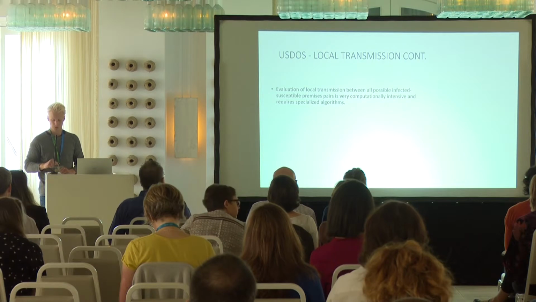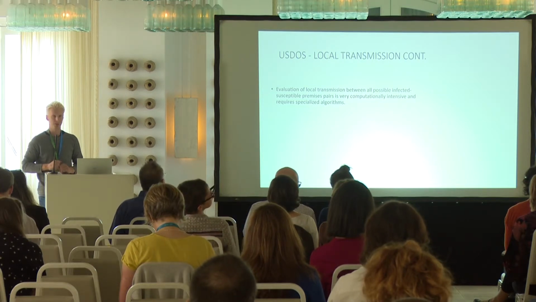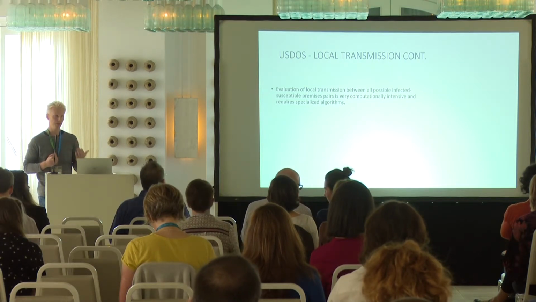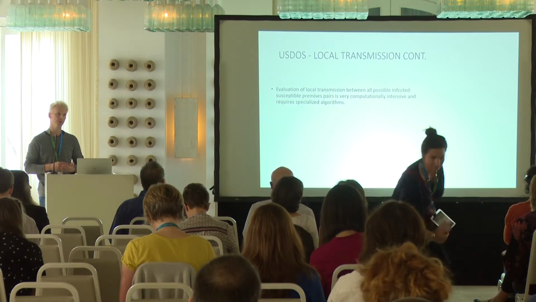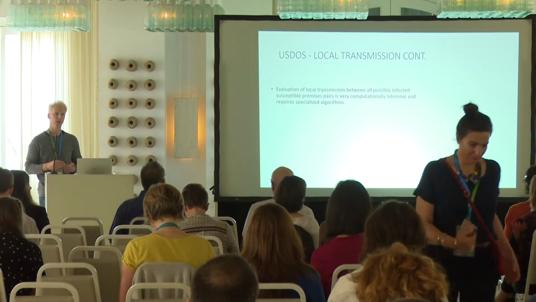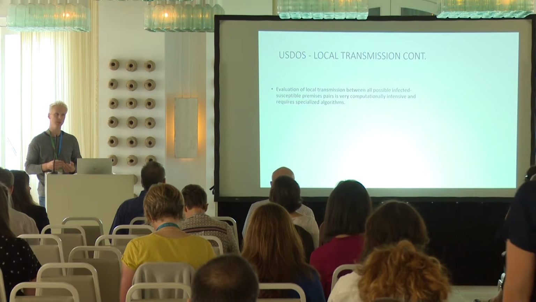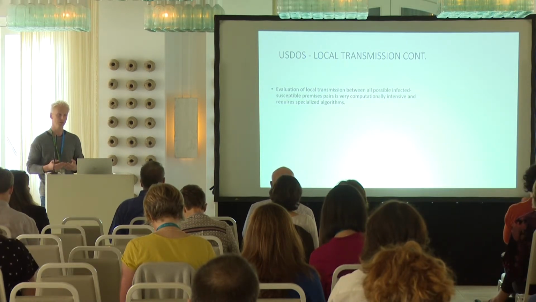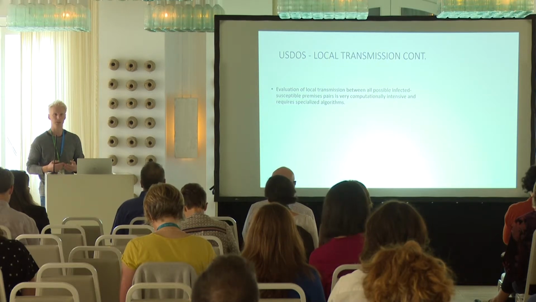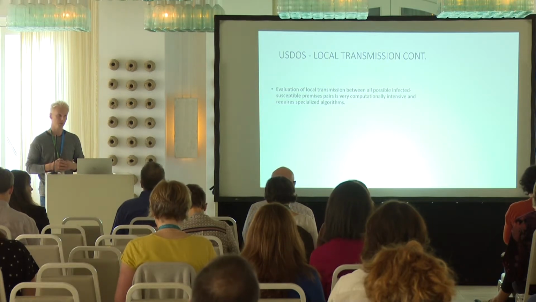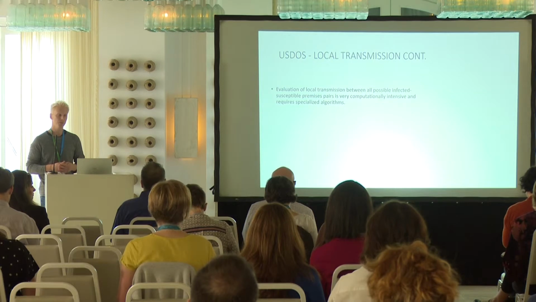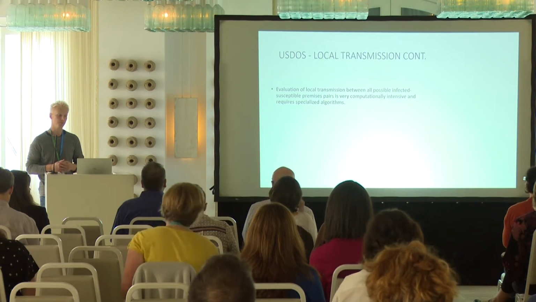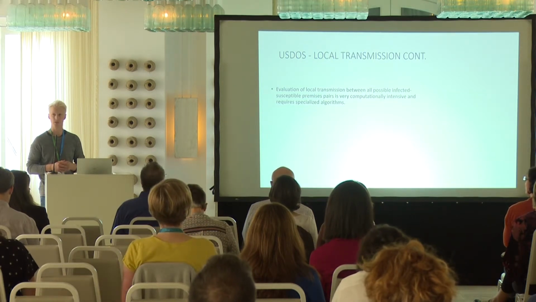So a challenge then with this, when we have this kind of premises to premises level model, is that we need to evaluate infection or transmission occurring every time step in the model. And when you have close to 1 million farms, that becomes quite computationally intensive.